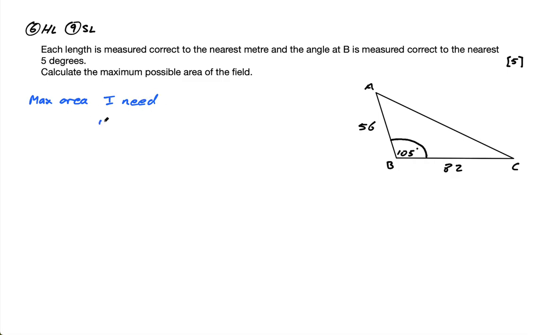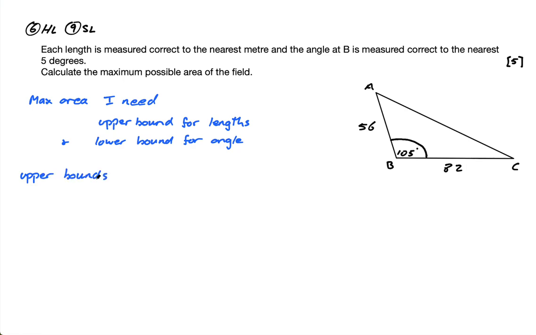Max area, I need upper bound for lengths and lower bound for angle. Now, as I say, guys, if this angle was like 70 degrees, you'd actually want the upper bound of the angle. You want the angle that gets you closest to 90 degrees, or even 90 degrees if that was an option. So lengths, upper bound.